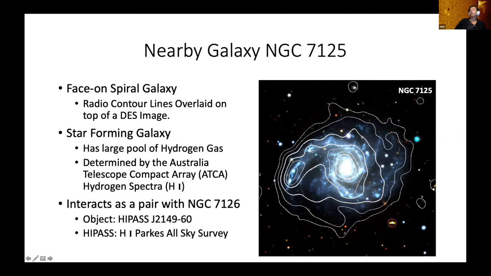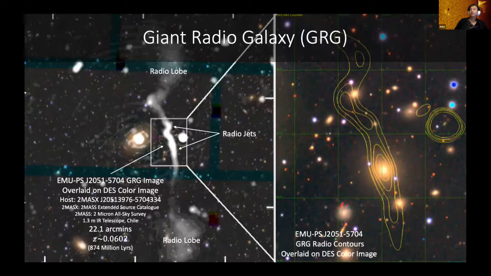Basically, it shows the radio contour lines from the EMU survey, and this bluish color indicates that there's a lot of gas around and stars are forming. So this is a star-forming spiral galaxy, and it's part of an interacting pair, the other one being way up the top of this image to the north.